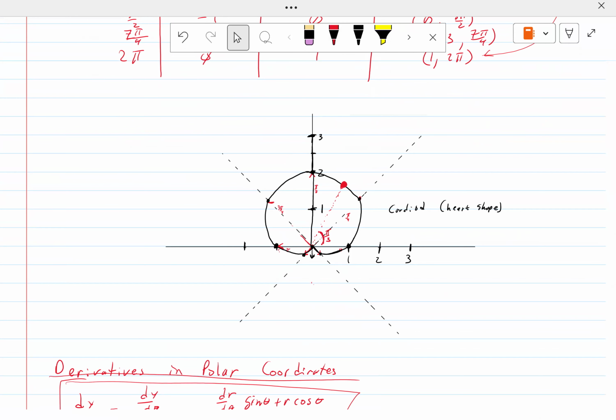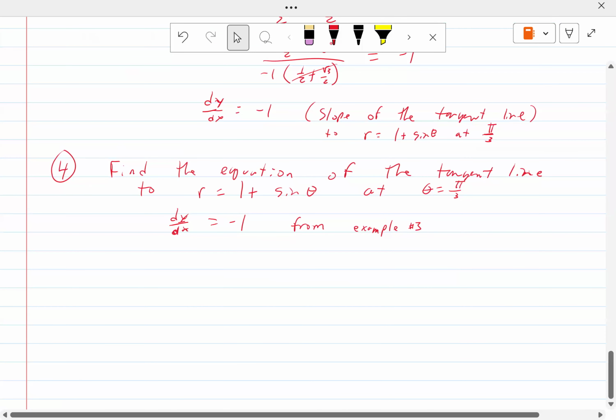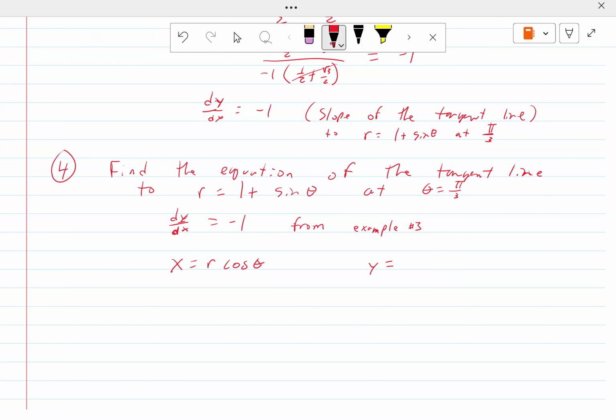Okay, so let's see what we can get here. We know that x is equal to r cosine theta and y is equal to r sine theta. Well, what is r? r is 1 plus sine theta. So x is equal to 1 plus sine theta times cosine theta, and y is equal to 1 plus sine theta times sine theta.